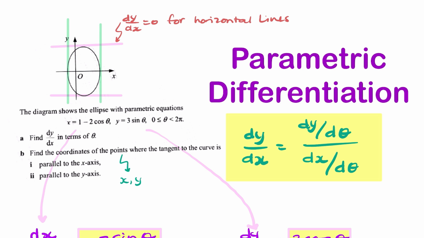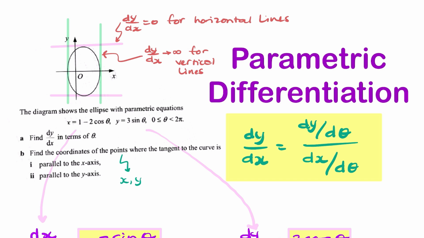So the gradient of a vertical line isn't 0. The gradient of a vertical line, dy by dx, is undefined. So let's say it approaches infinity. It's undefined for vertical lines.